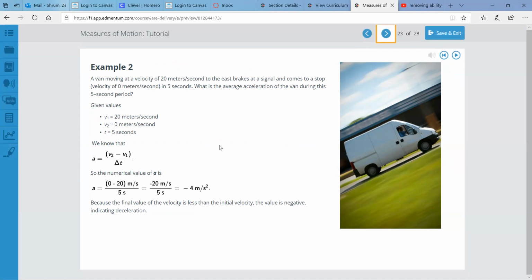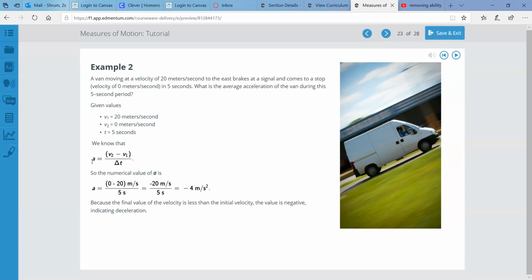Here's an example that'll show you how acceleration can be negative. We have a van at a velocity of 20 meters per second moving to the east. But he has to brake, and he comes to a stop. So his velocity is 0 meters per second, and that happens within 5 seconds. So initial velocity 20 meters per second, final velocity 0, time 5 seconds.